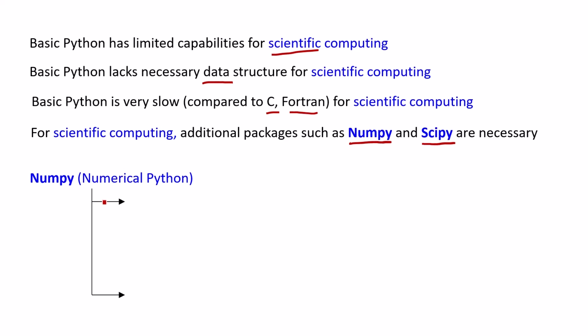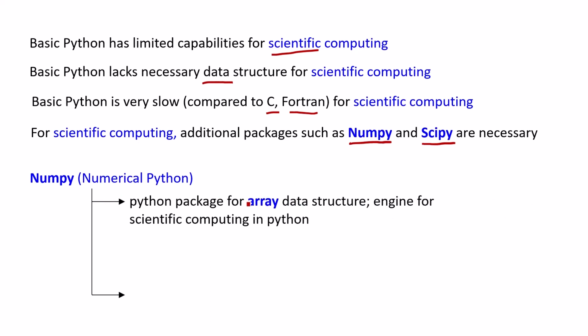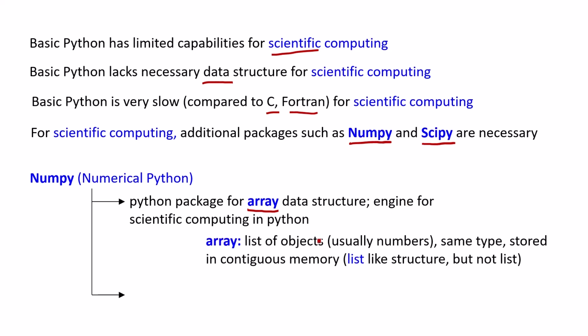Numerical Python gives us two things. First, it gives us this array data structure. This is the data structure that is the engine for scientific computing in Python as well as in any other language. What is array? Array is a list of objects, and because it is a list of objects, it is like a list as we have seen before. But unlike a Python list, here an array contains the same type of data. A Python list may have integer, real, string all together, but we cannot have that in an array.